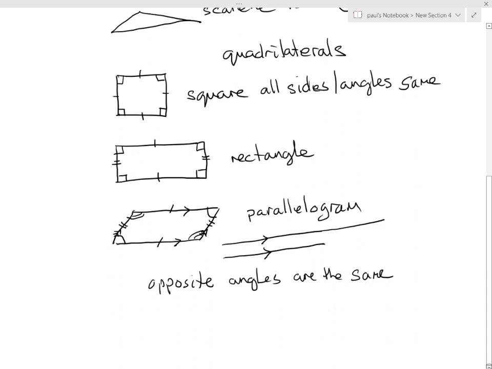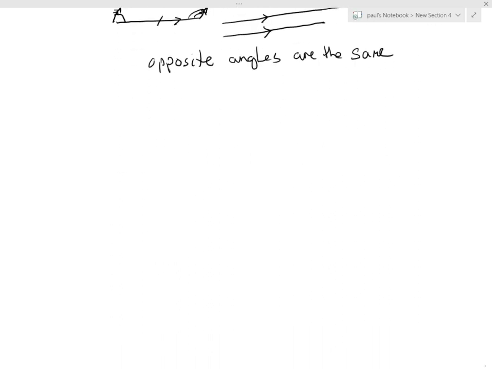Right, come down a bit. We have this one, there's a little tail there, so this is called a kite, and these two angles are the same as each other, but the top and bottom are not. So we only have two angles the same.